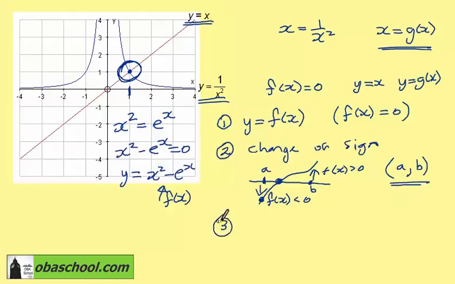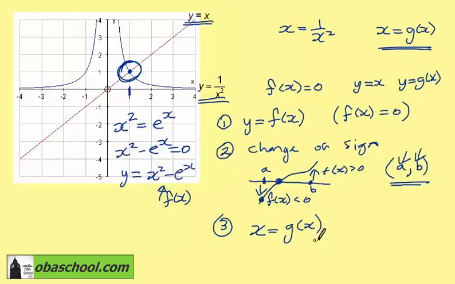This method then relies on rearranging f of x equals 0 into the form x equals g of x. And this is what we use in order to get a better approximation to the root than the values we have here. Often it can be arranged in different ways, and we saw that earlier in this video as well.